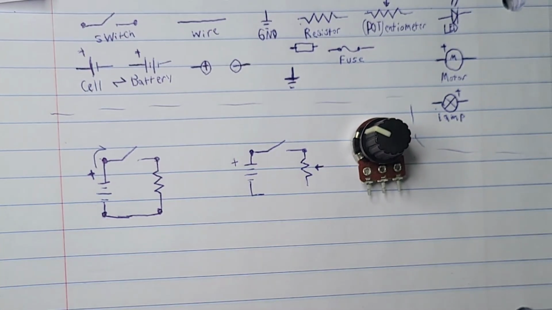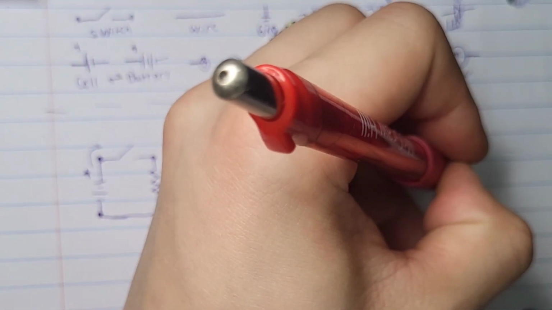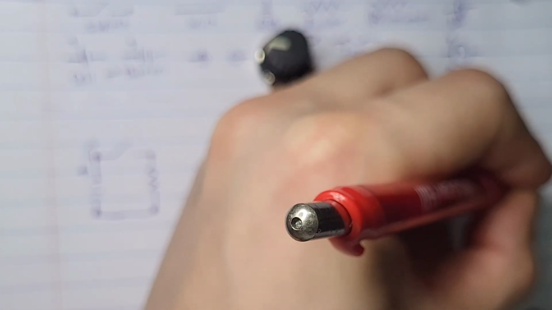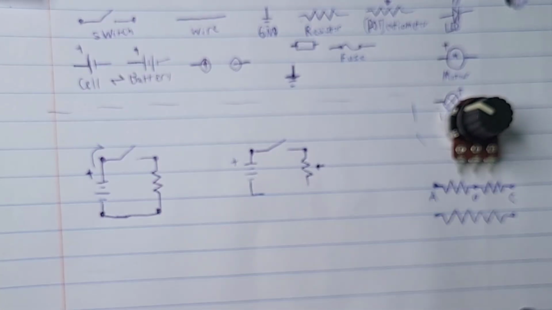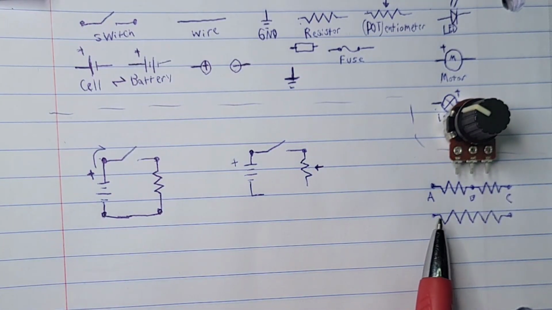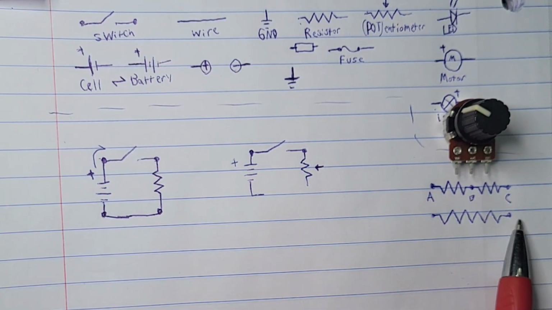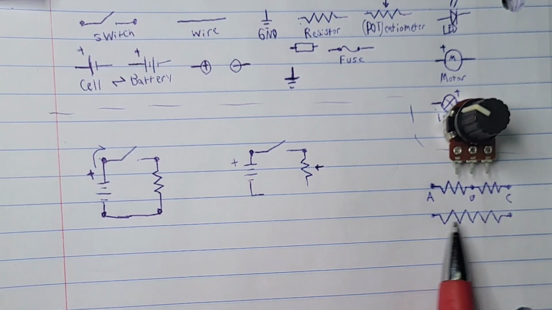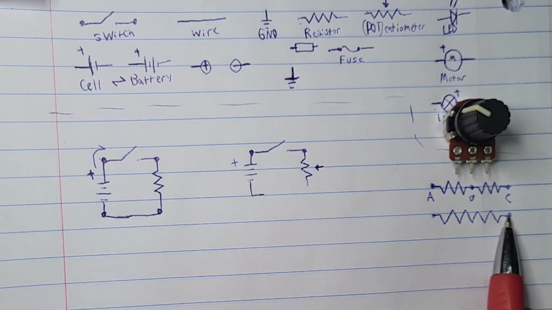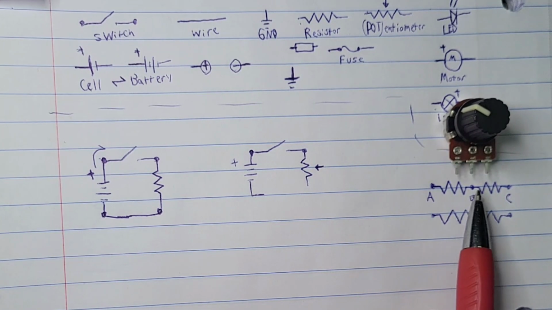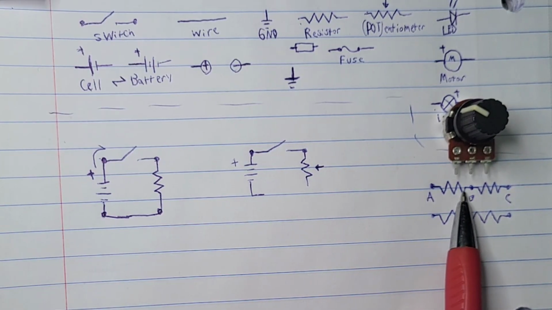So this is what I mean. We have A, B, and C. These 2 values are always going to be the same. Then we have A, B, and C, and B can change.